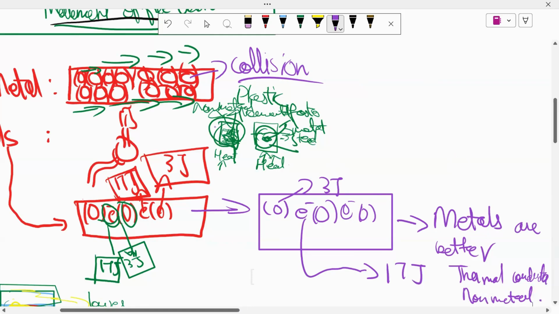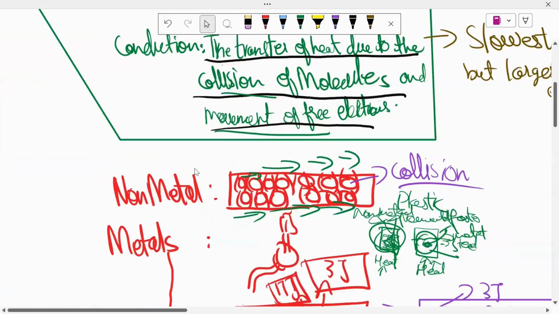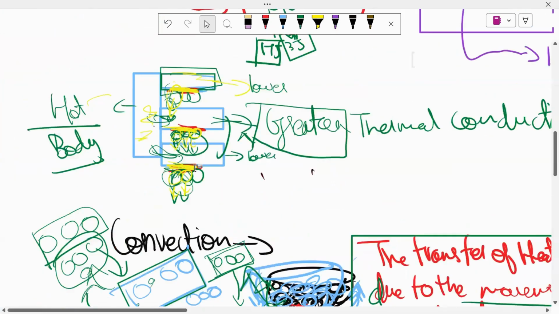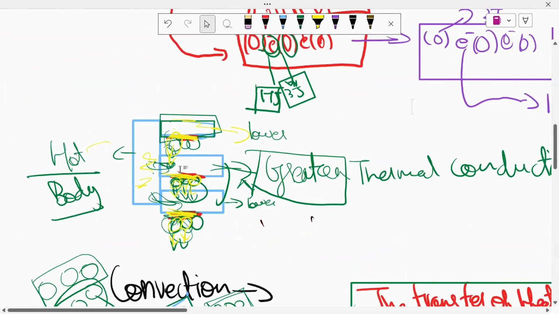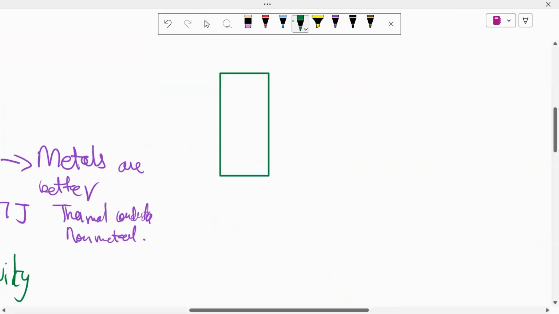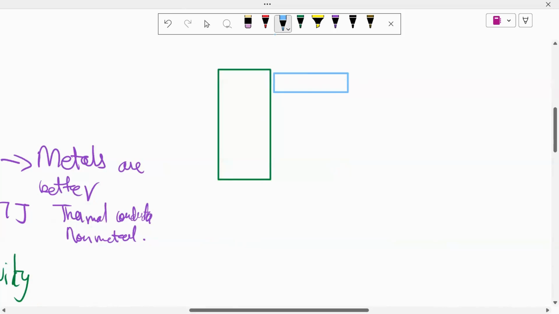Now let's move on to the example. Let me draw it here. For example, this is, let's suppose, a hot body to which rods are attached, about the same size.